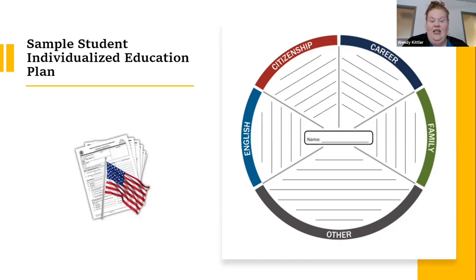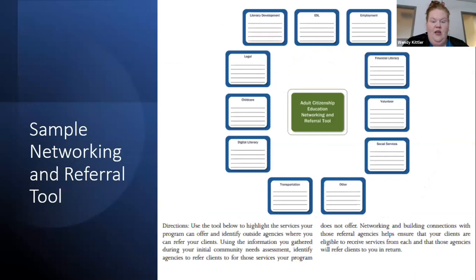And I like this IEP not just for a citizenship student, but this is a good plan for any student because look at the areas that it covers. So I really like this example, and it comes from the same document, the third document. They've got a network and referral tool that, again, very useful. It comes from the guide.